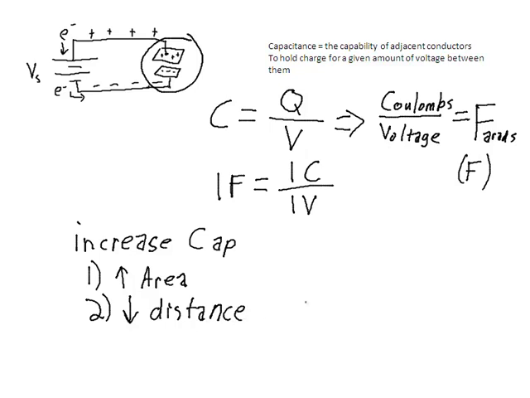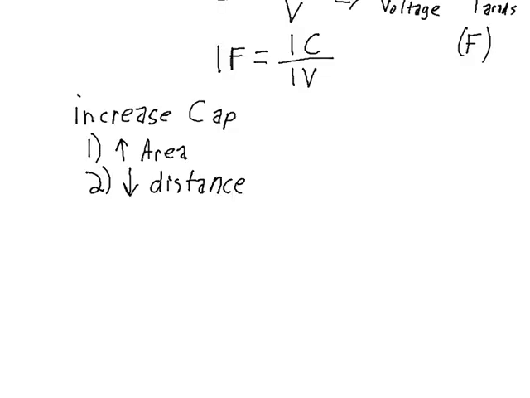Now this one's maybe a little bit more subtle. Let's look at a cross-section view of these two parallel plates. Our top plate has some positive charge, and the bottom plate has some negative charge.